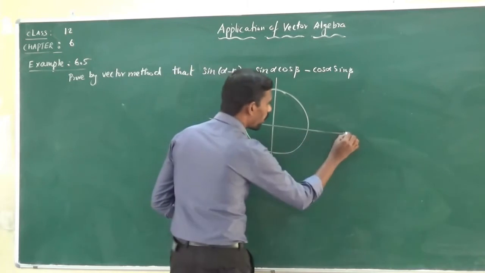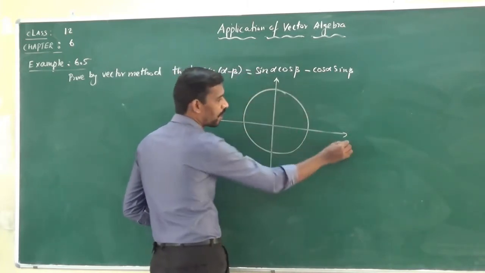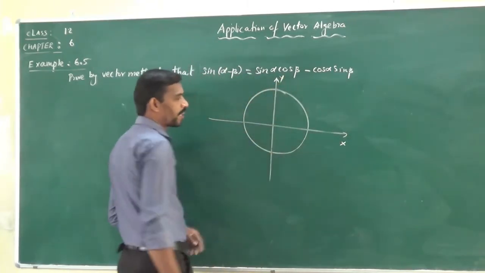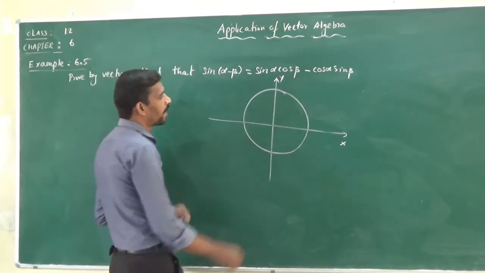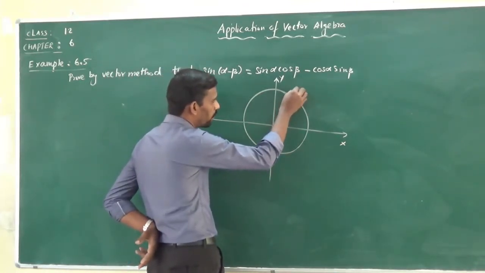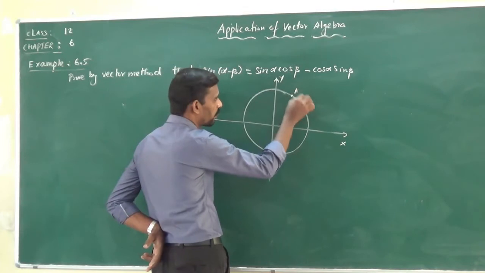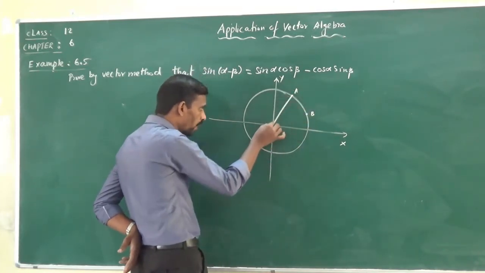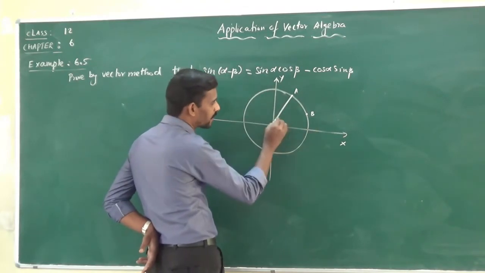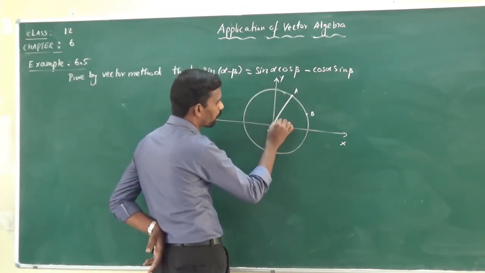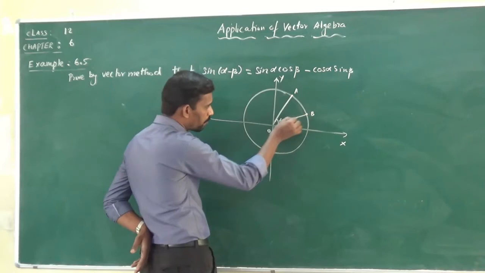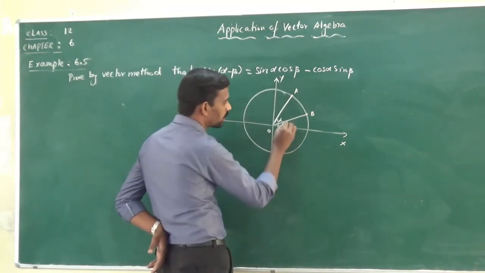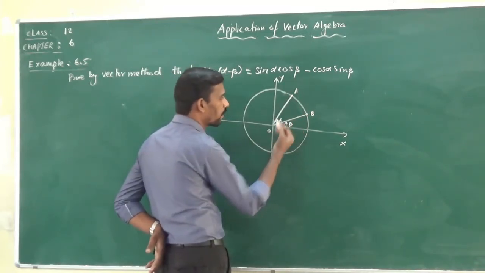Now I draw a unit circle around the x and y axes. I mark two points, namely A and B. OA makes an angle to the x axis that is nothing but alpha, and OB makes an angle to the x axis that is nothing but beta.